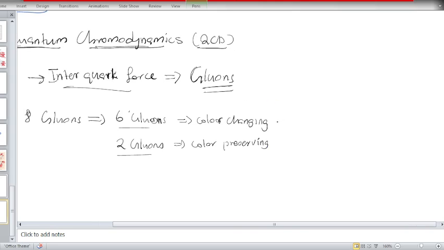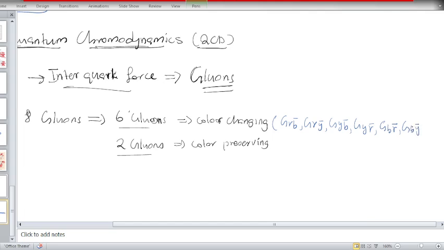So these are GRB prime, then GRY prime, then GYB bar, then GYR bar, then GBR bar, then GBY bar.